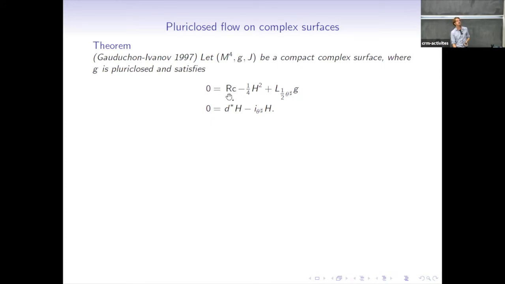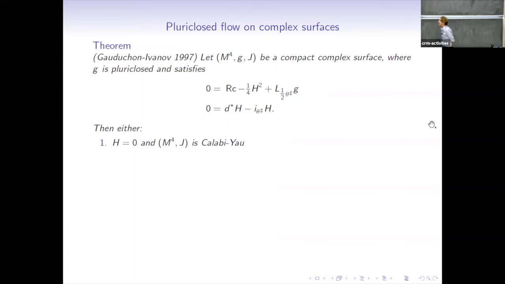This is the usual Riemannian Ricci, then minus 1/4 H squared, and then this gauge term involving the one-form. Similarly, I have d*H and minus the interior product of θ with H. Here I'm kind of down one variable. This should all be... so it's some sort of elliptic system coupling the Einstein equation with the equation for H harmonic.